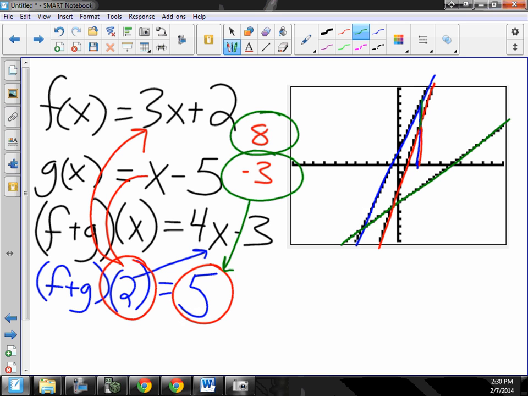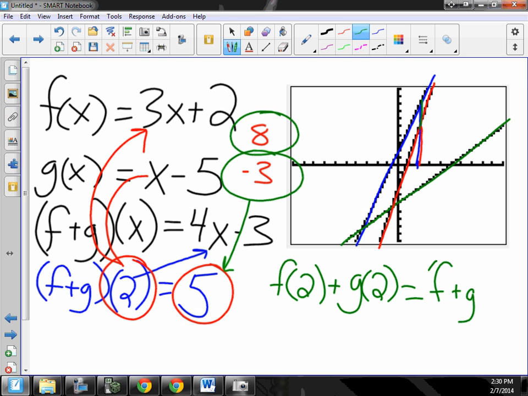So that goes to show us that f of 2 plus g of 2 is exactly the same thing as f plus g of 2, which is what Sadie tried to do at the beginning. She tried to do this, which is fine. But written in this notation, you're supposed to plug 2 into f plus g. But technically, it doesn't matter.